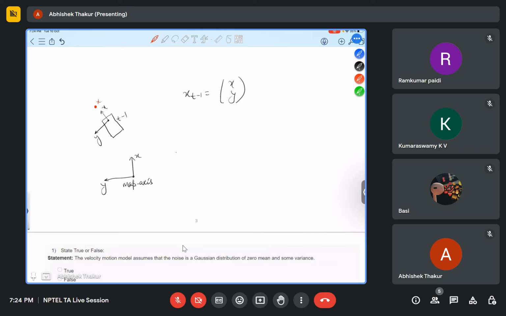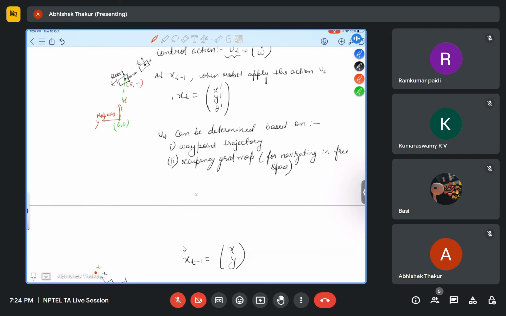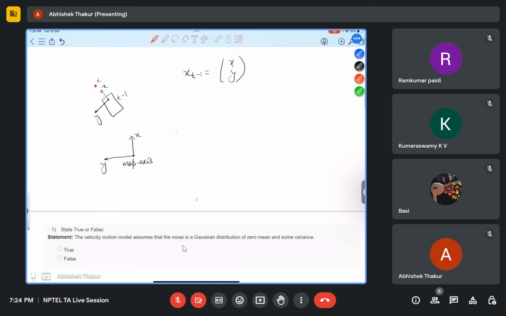To not confuse, we should not take x prime, so let's suppose xw, yw, like the waypoints of x and y.